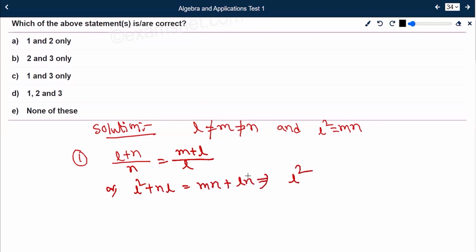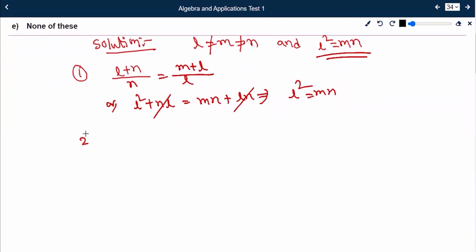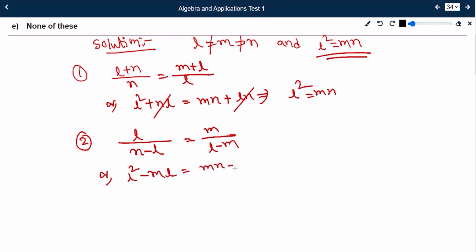It means l square, both will get cancelled, equals mn. Okay, here we are getting the same result. Let's check the second statement, that is l by (n minus l) equals m by (l minus m). So do the cross multiplication first. Again, we are getting the result l square equals mn.